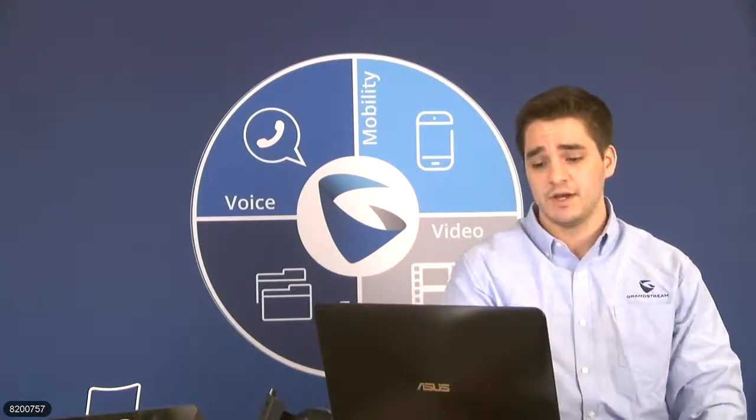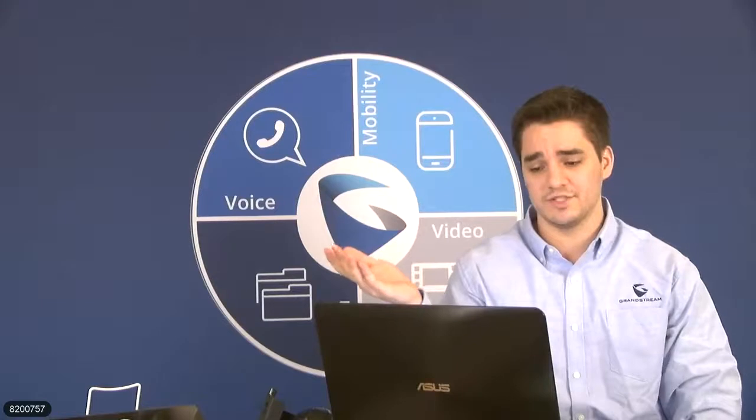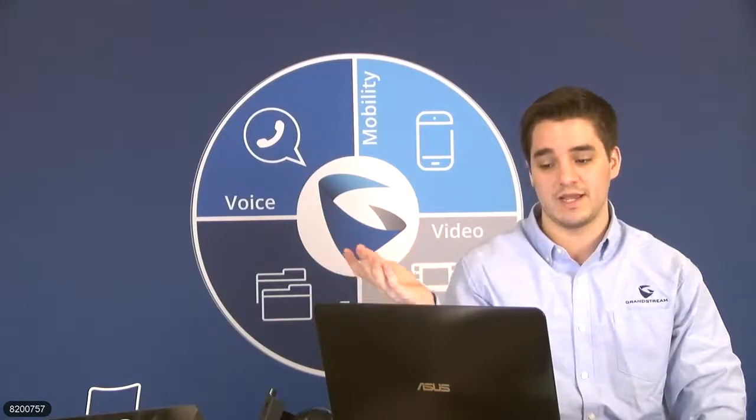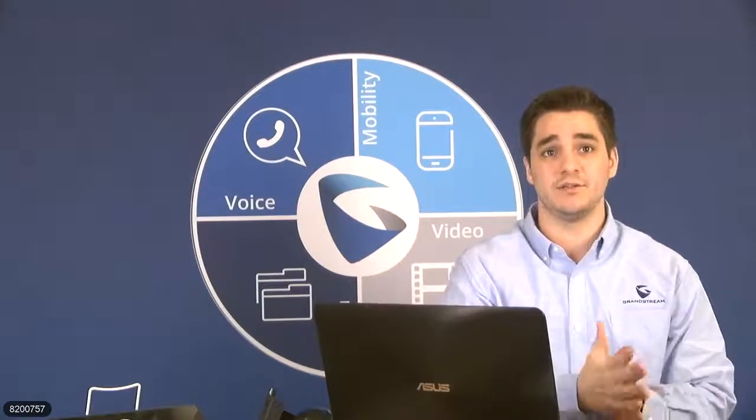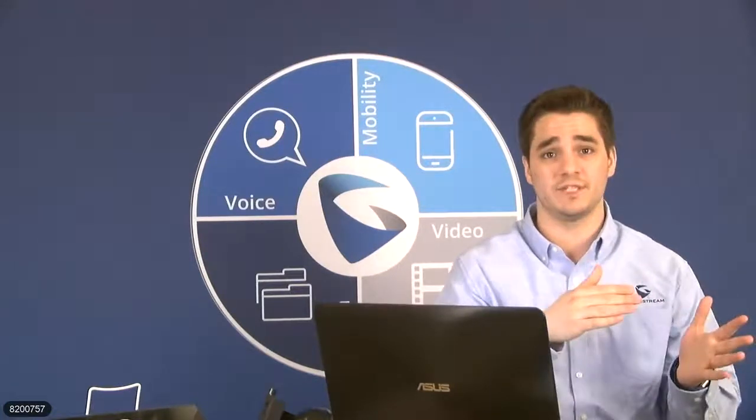Javier is asking for an example of how to use the GVC3210 without IP video talk and get the major benefits of it. Hands down, use it for point-to-point conferencing.